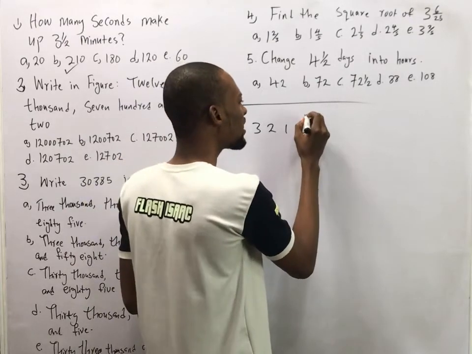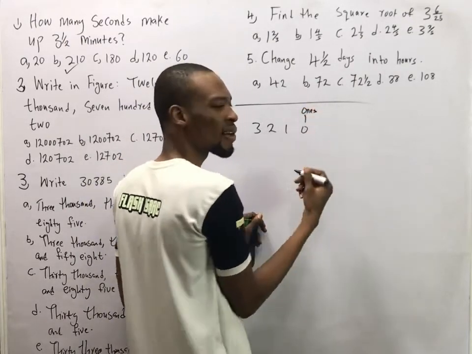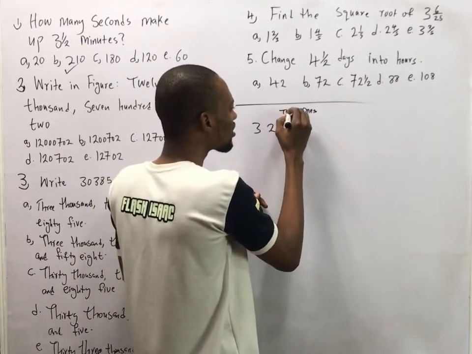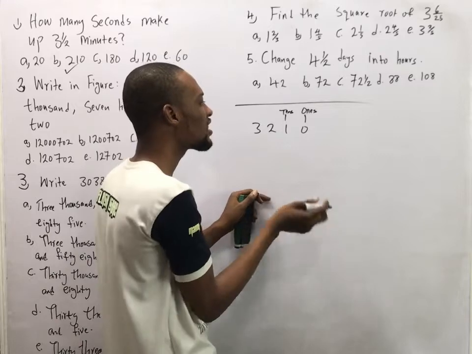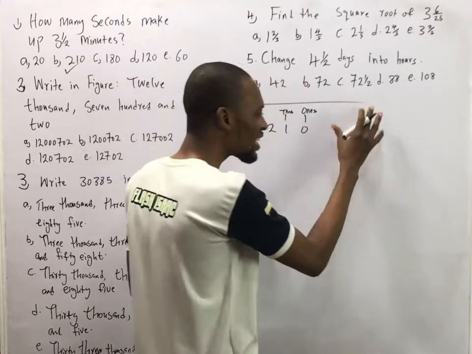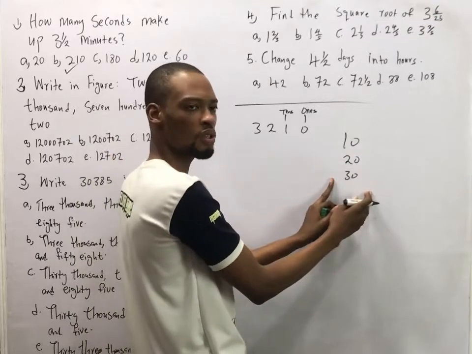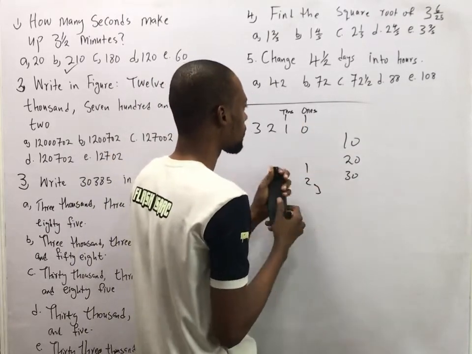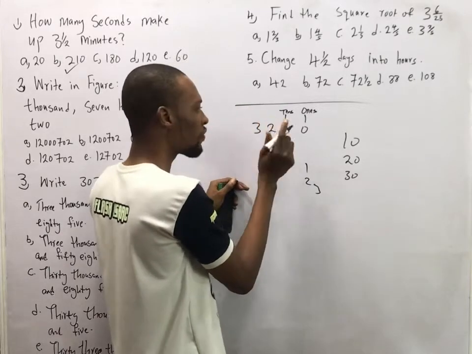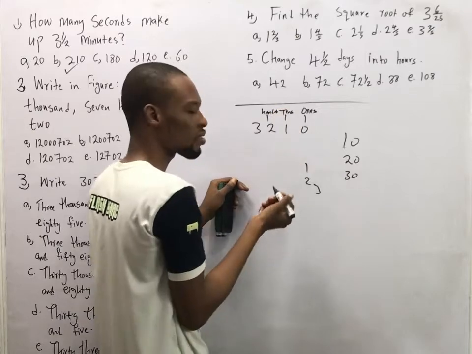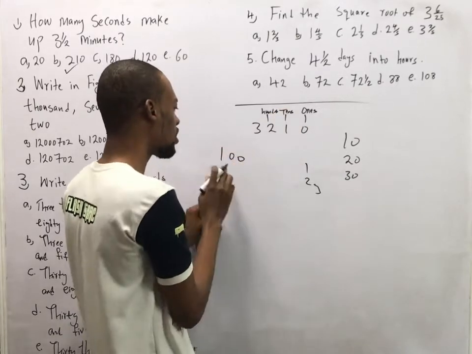The first one is usually ones, or you can call them units. The next one is called tens, in the sense that if I say 10, 20, 30, they are in tens. Anything here is ones or units. 1, 2, 3. Now, when it gets to 3, it becomes hundreds.